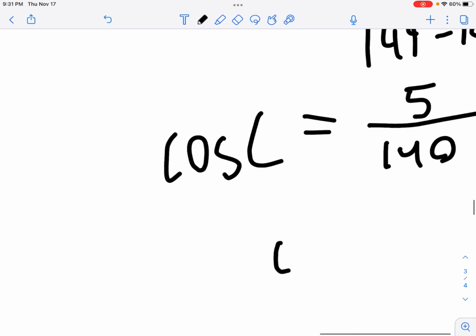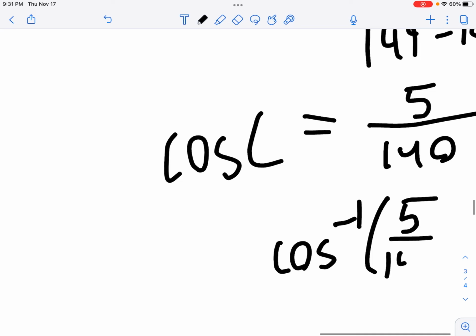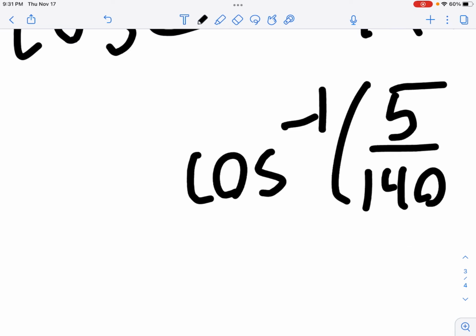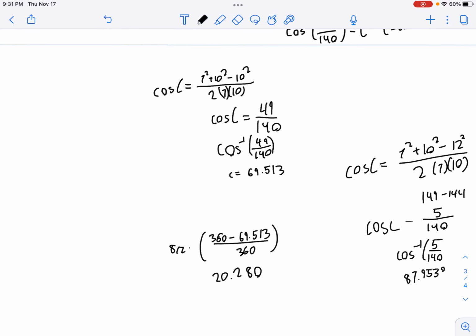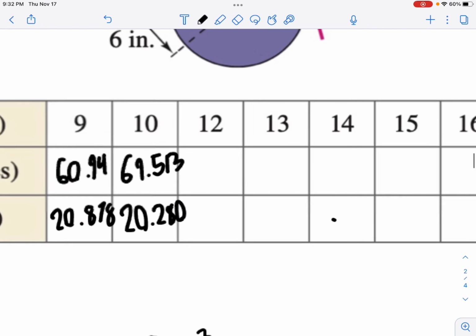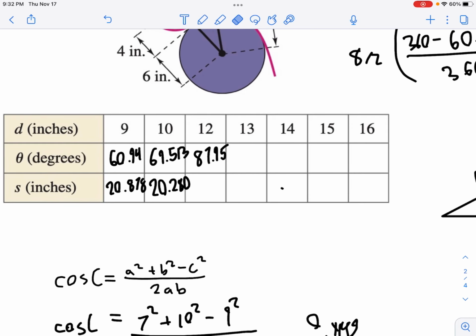Then cos -1, cos inverse of 5 over 140. What is that going to be? 87.953 degrees. I'm just going to change this to 87.95 because it's much easier.